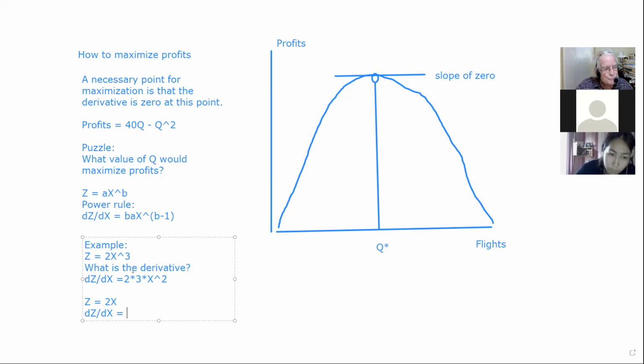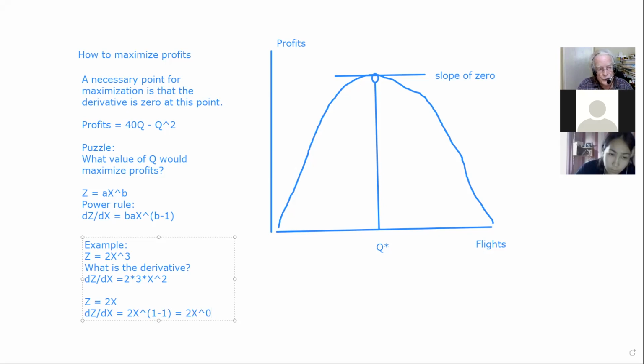In this case, A, the constant coefficient, is 2 times x to the power of 1 minus 1, or 2 times x to the power of 0.